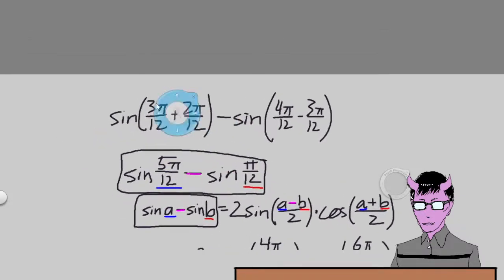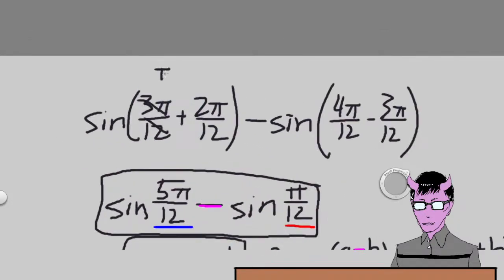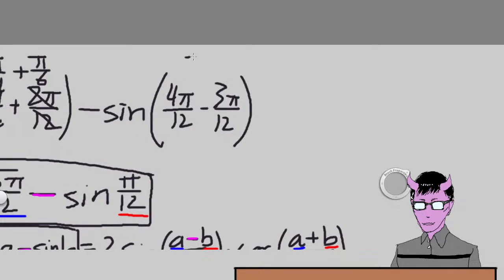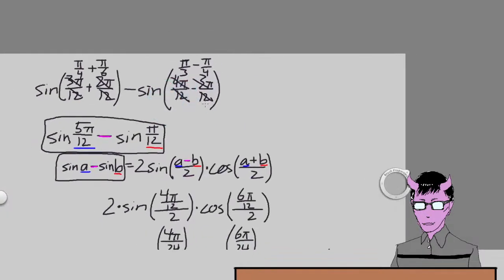But, you know what, let's simplify this first. It's plus, and this one is pi over 3. That's a minus pi over 4.